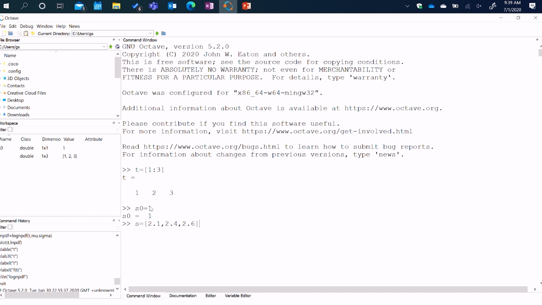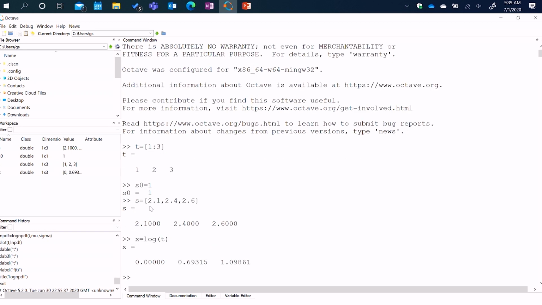Those are my observed thicknesses at times 1, 2, and 3. Now I'm going to use the linearized form. I'm going to define x to be log of t. So the function is log of t, and it'll give me those 3 values. Log of 1 is 0, log 2 is 0.69315, and so on.